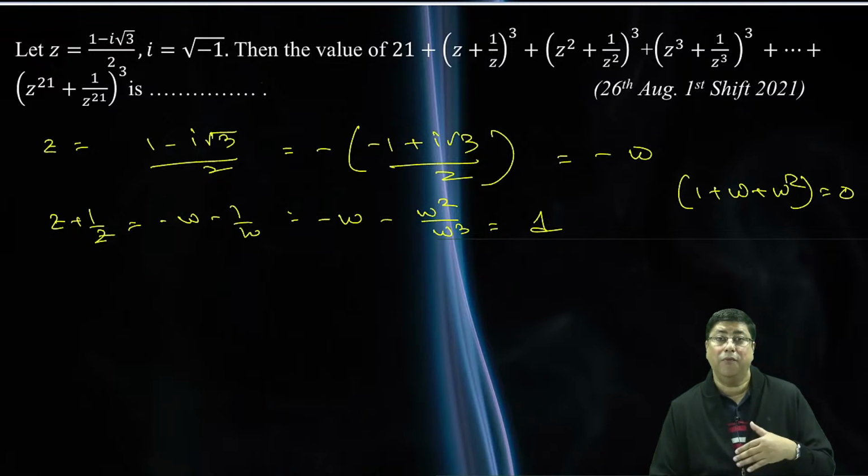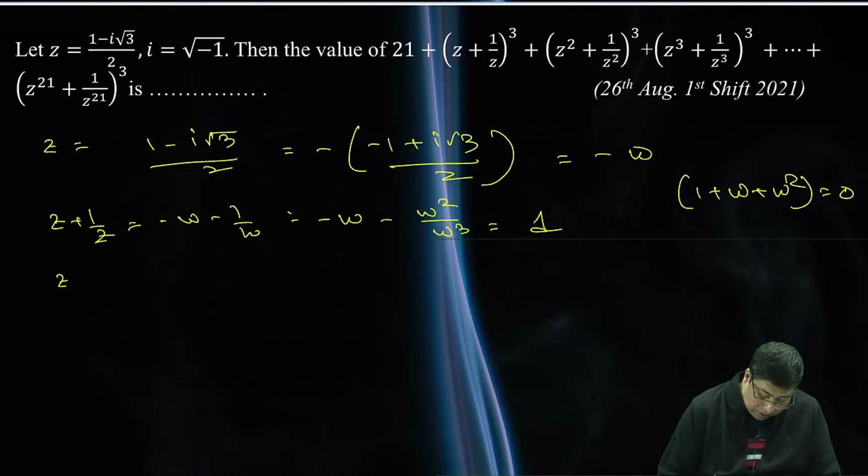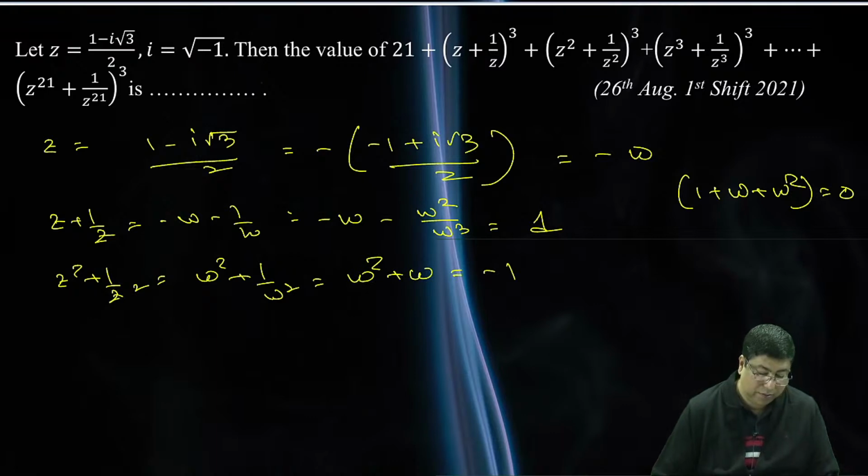In this way, very fast calculation we have to proceed. So next, z square plus 1 by z square, we are getting omega square plus 1 by omega square, that is omega square plus omega, that is coming minus 1.